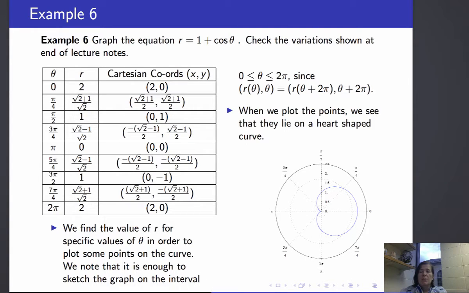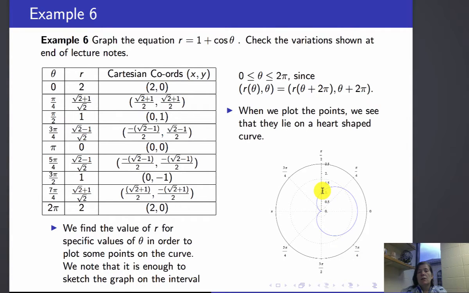So when I plot these points, I start at the point on the x-axis 2, 0, and when theta increases to pi over 4, the distance from the origin has decreased somewhat, and when theta is pi over 2, the distance from the origin is 1, so the point on the curve has Cartesian coordinates 0, 1.